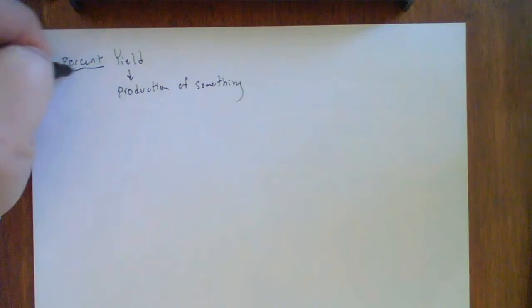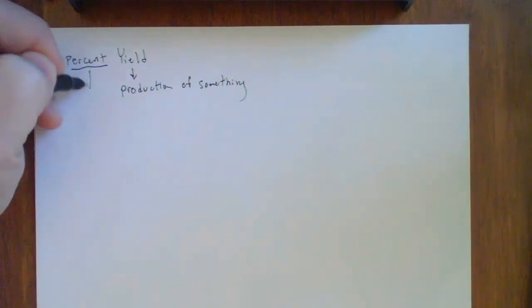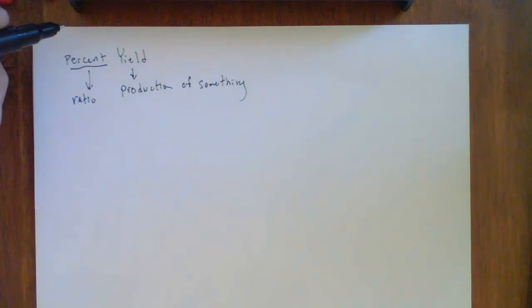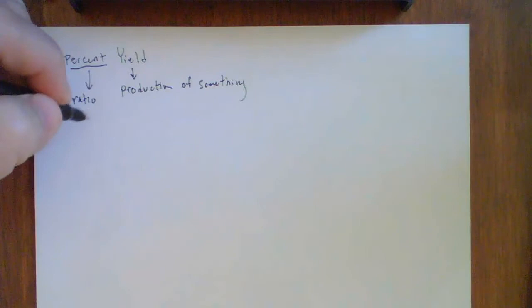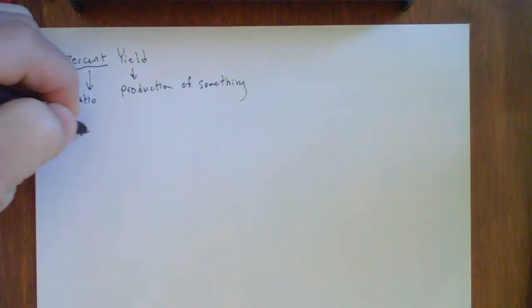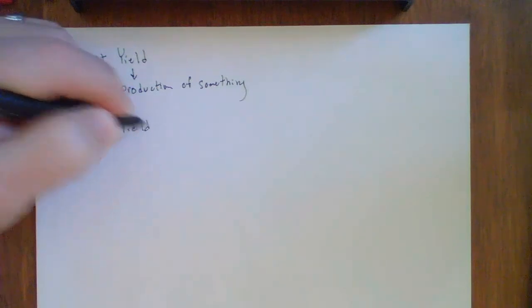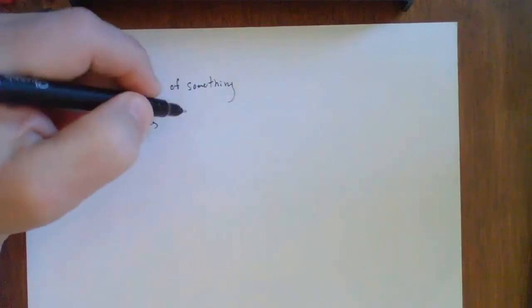Now, when we look at it in terms of a percentage, this just means that we're ratioing two numbers. So what are the two numbers that we're going to ratio together? Well, this is where we're going to do an actual yield, and an actual yield is what happens in real life, kind of in the experiment.